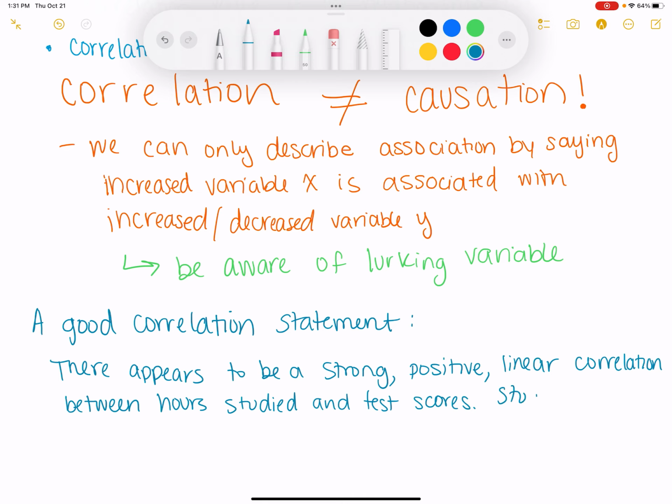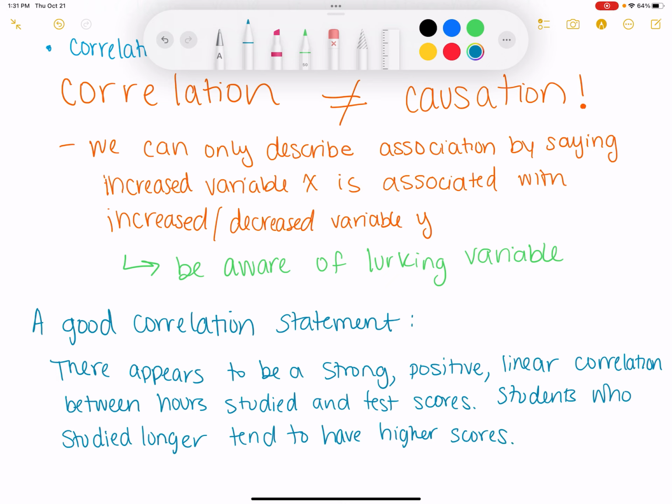Students who study longer tend to have higher scores. That would be a good statement.